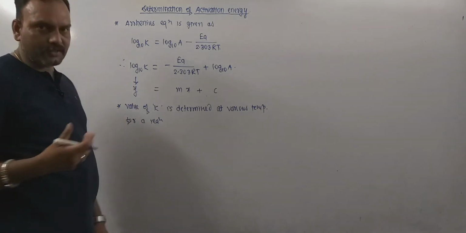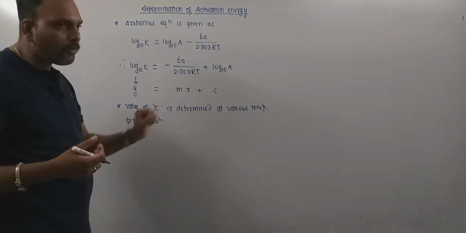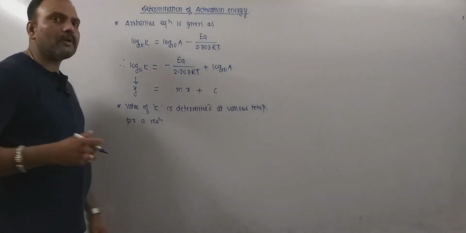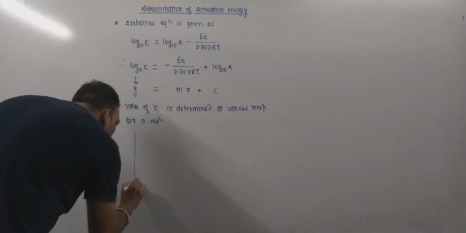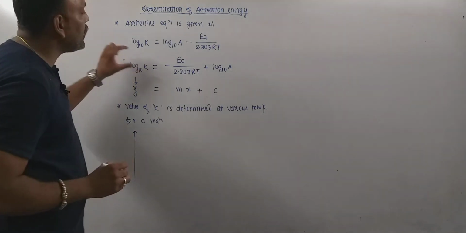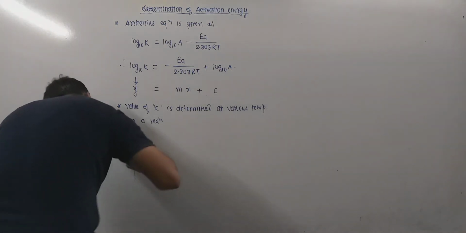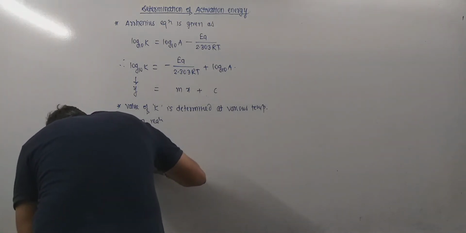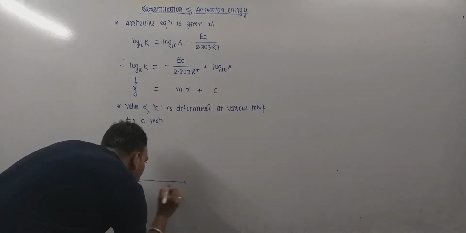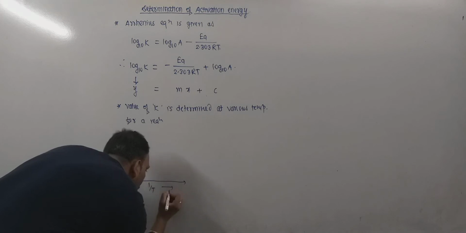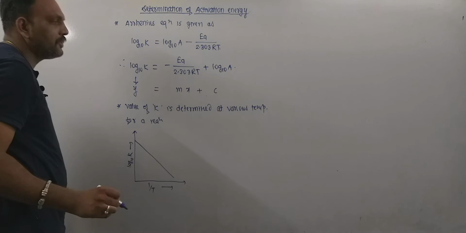We need to plot log base 10 K against the reciprocal of temperature. Arrhenius came to the conclusion that log base 10 K varies linearly with the reciprocal of temperature. When we plot this against the reciprocal of temperature, a straight line is obtained.